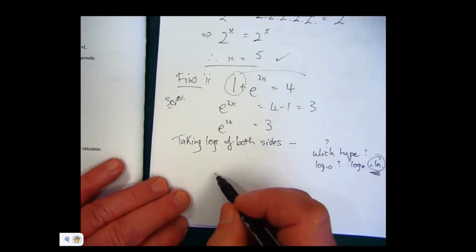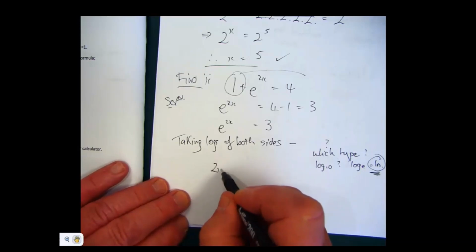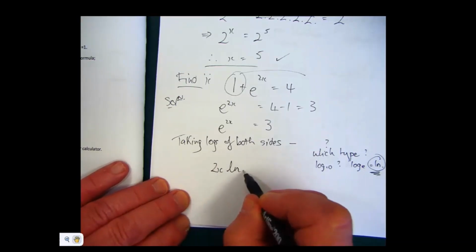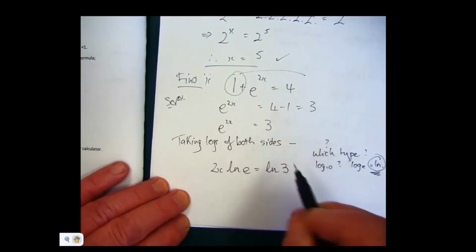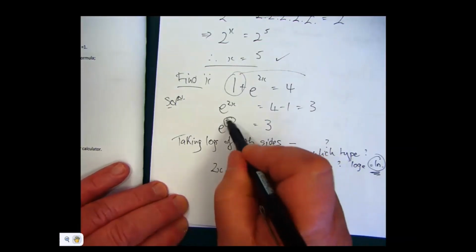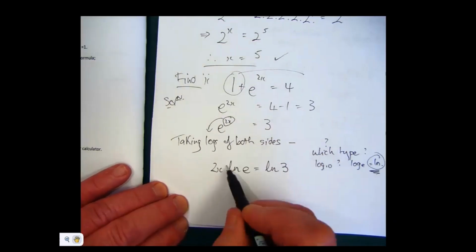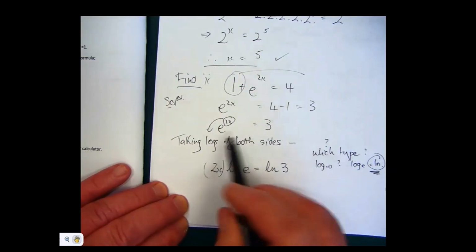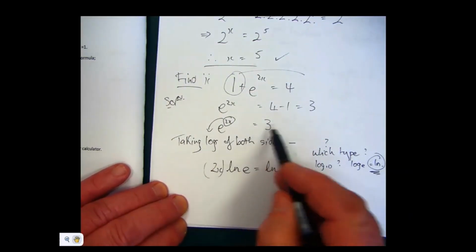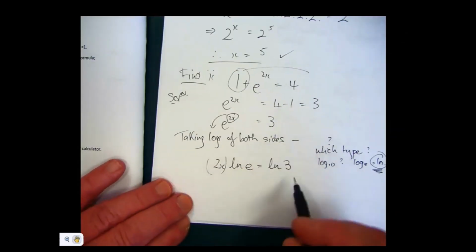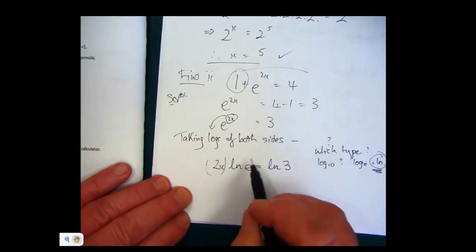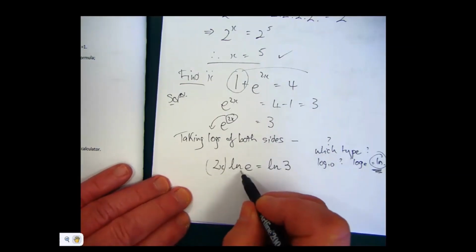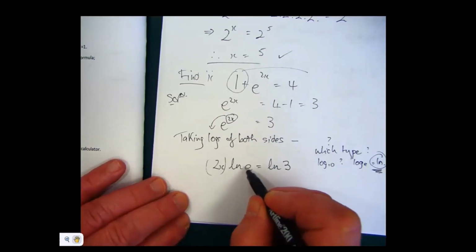Taking logs of both sides, we will have 2x multiplied by natural log e equals natural log 3. Let's have a look for a minute. Remember, this power comes down, multiplies the log term here, and we need the log term here. Now, the great thing is, if we use ln when we're using e, then the e base here is the same as the term here.